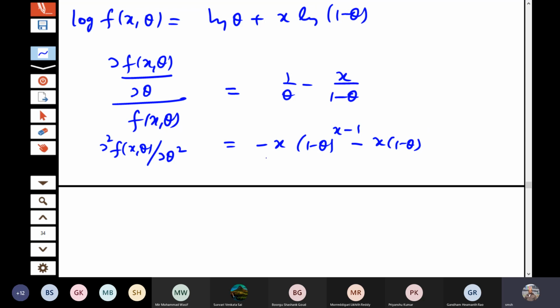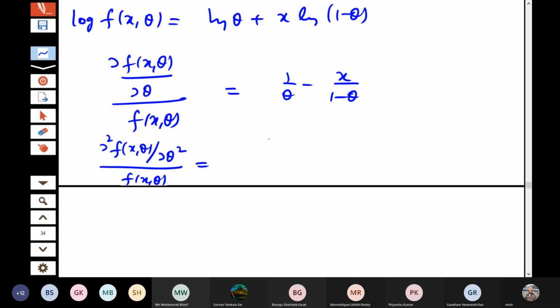If I divide by f(x, theta), let me write the final form here after the division, I will get this term as minus 2x by theta into 1 minus theta plus x into x minus 1 by 1 minus theta square.